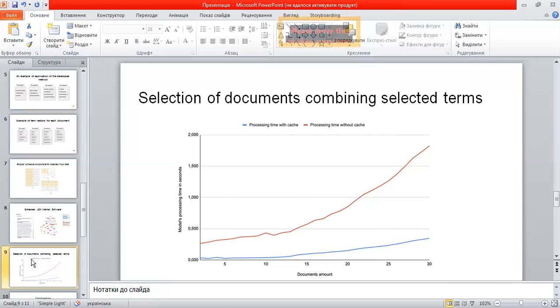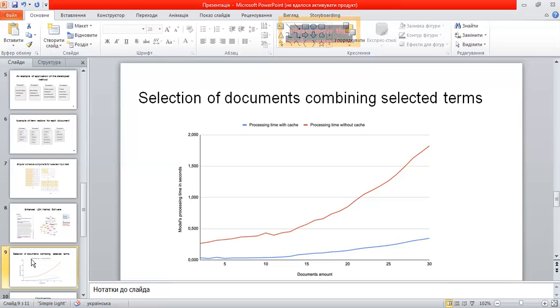If you choose a corpus that stores 30 documents, the speed of the model without a cache is 1824 milliseconds, compared to the speed of the model with a cache, 345 milliseconds. Thus, we can conclude that due to the improvement of the method, it was possible to increase the speed of the system by about 6 times.